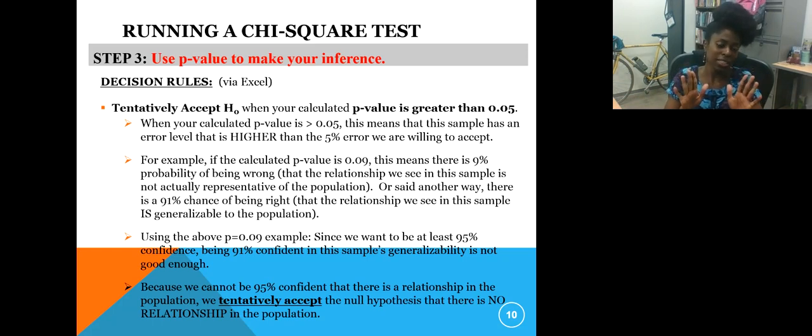So let's just go ahead and say we can't generalize to the population, right? Specifically, we're even saying that we're just going to assume that there is no relationship in the population because we have to tentatively accept the null. Statistically, we have to accept the null, that there is no relationship.